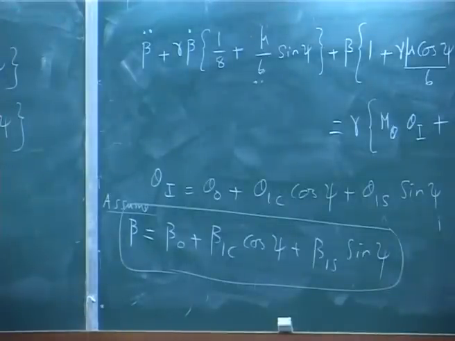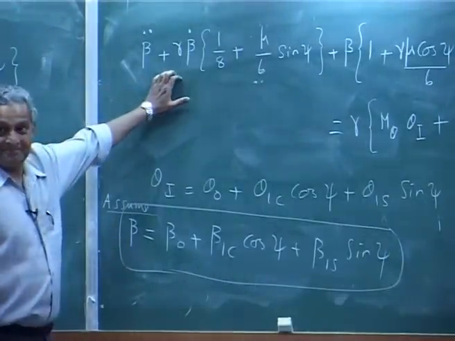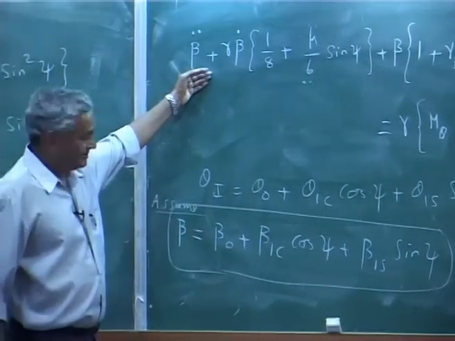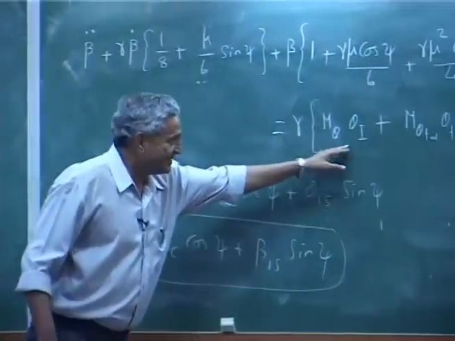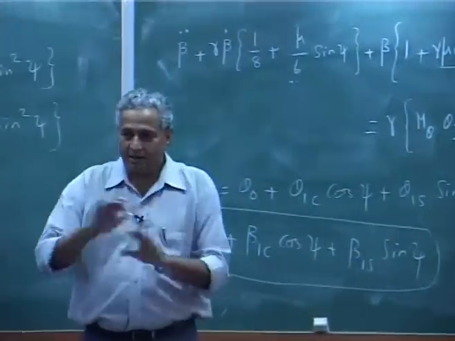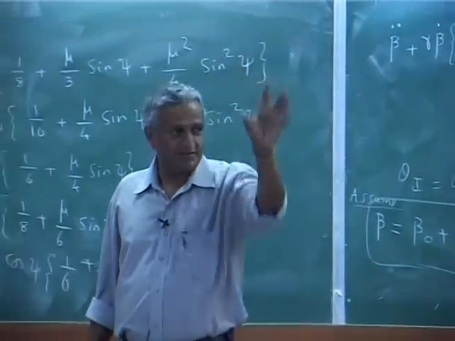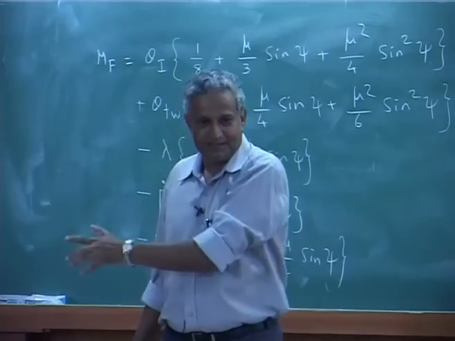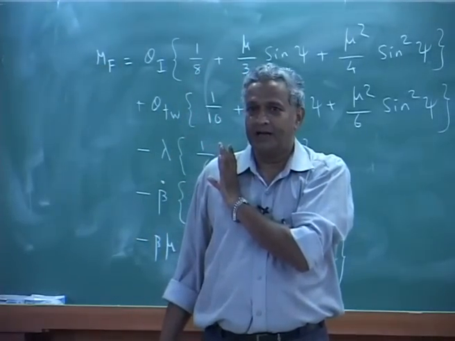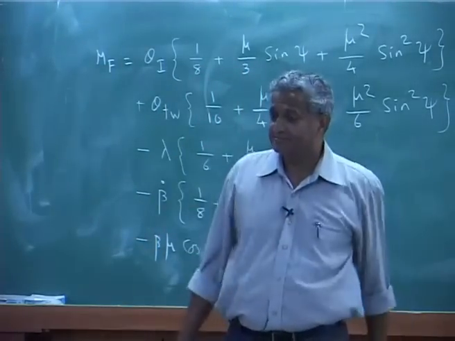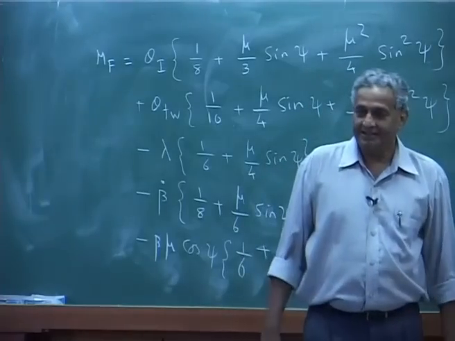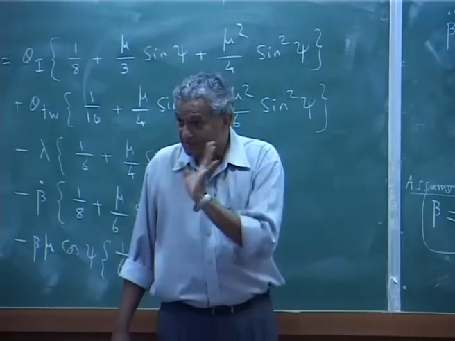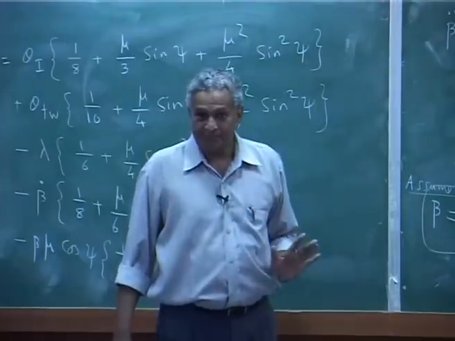That means what you do, you have this equation, substitute this on the left hand side, substitute this on the right hand side and collect all the constant terms, sine psi terms, cosine psi terms, and then you will have 3 equations, and they will be algebraic equations because all the derivatives are gone.